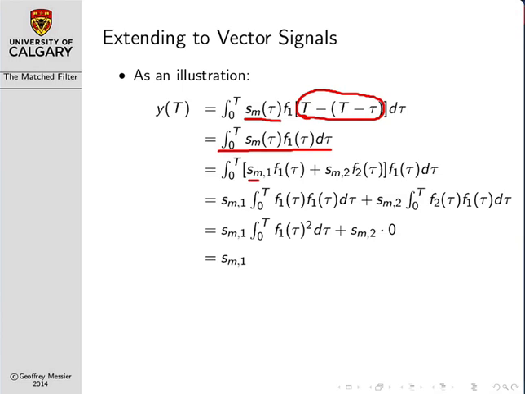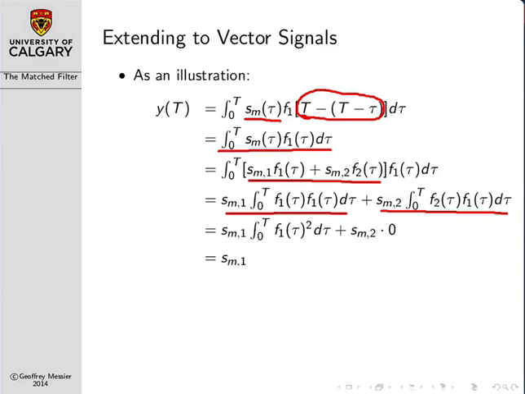I then put in the signal vector equation for s of t, and then separate out the integrals. And so we have the first integral here corresponding to the desired signal component consisting of the first basis function, and this is the integral for the signal component corresponding to the second basis function.